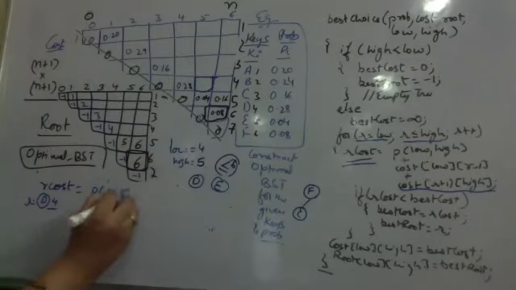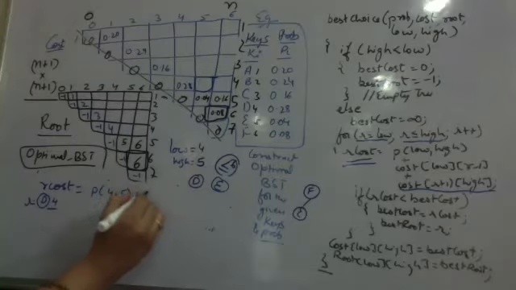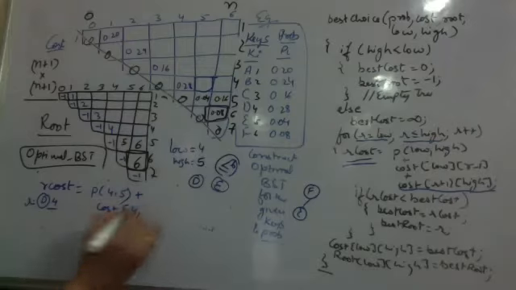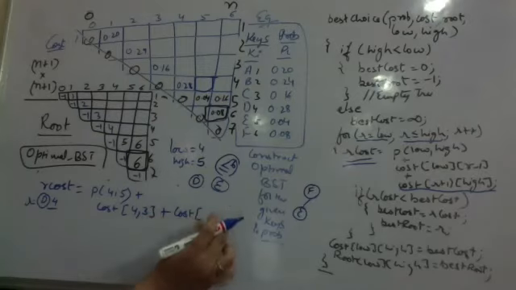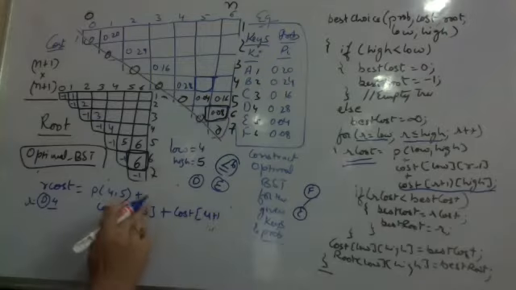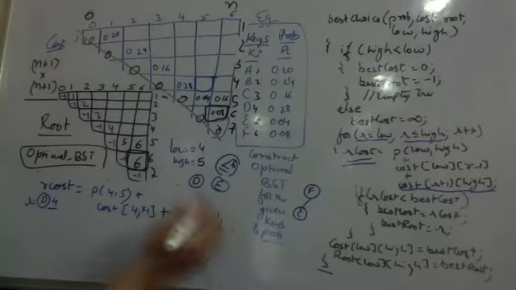Low to high is 4 to 5. Plus cost of searching the left half is low से लेके R minus 1 तक. R is 4, R minus 1. Plus cost of searching in the right half, which is R plus 1. 4 plus 1 is 5. Let me write as 4 plus 1 only and 4 minus 1 only so that it clarifies. And this high becomes 5.